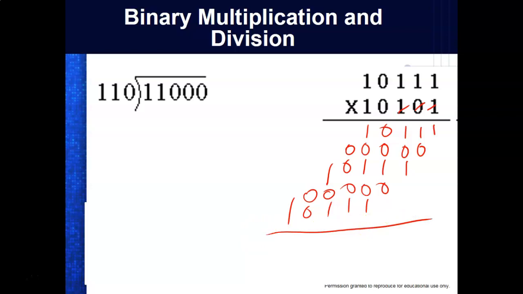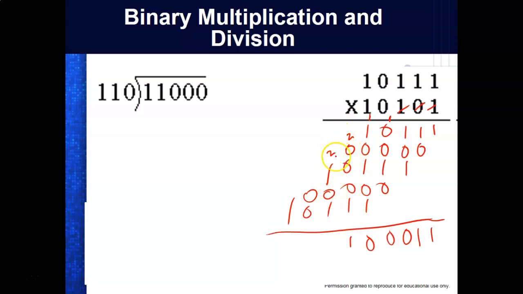I would add them, right? So this would be a 1, this would be a 1, this would be a 0, carry a 1, this would be a 0, carry a 1. This would be a carry of 1, that would be a carry of 1, so this would be 0 with a carry of two 1s. This would be 3, so it'd be a 1 carried with two 1s.